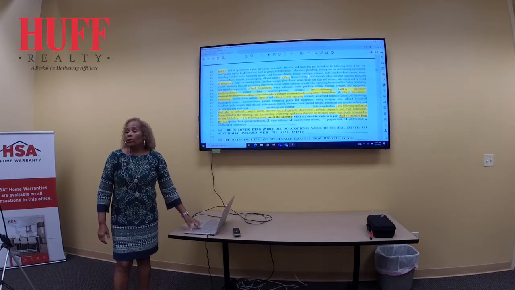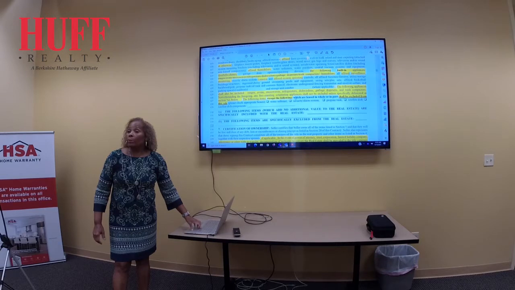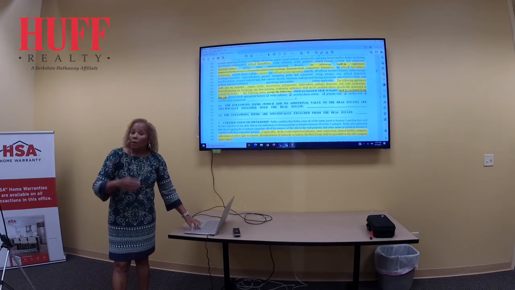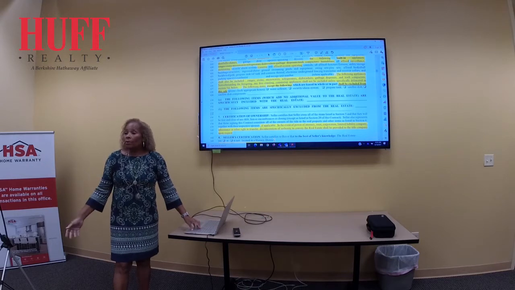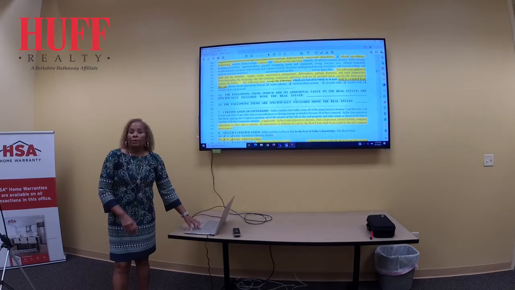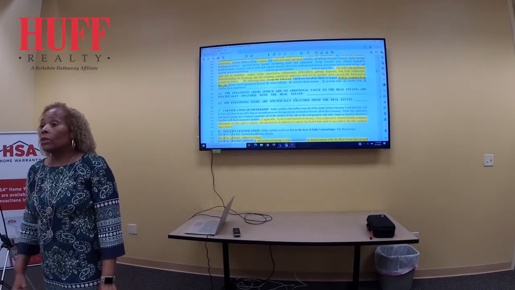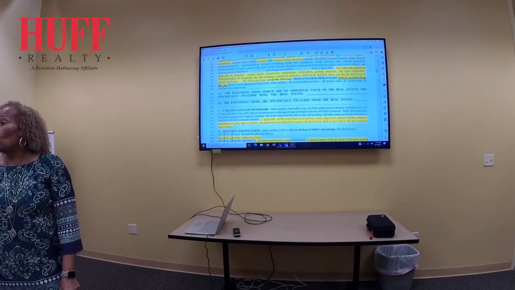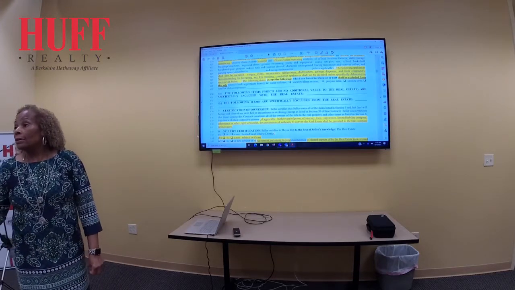Because I've seen situations where there's more than one refrigerator in the house, maybe 3 different refrigerators. And so they're thinking the ones in the kitchen, the other people are thinking all of them. So just make sure that you clarify here. Because this basically says they all go. So if the seller really wants to take something with them, one of those refrigerators, make sure you put in there that it's not going.